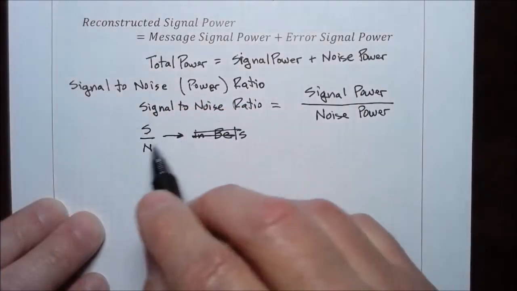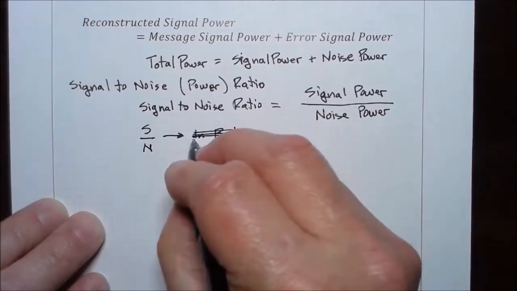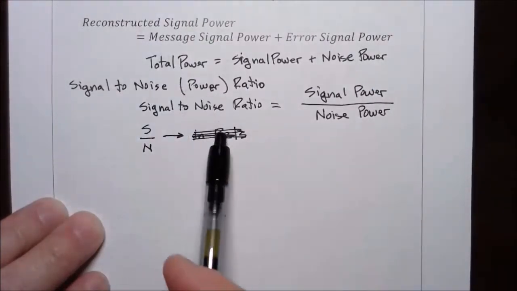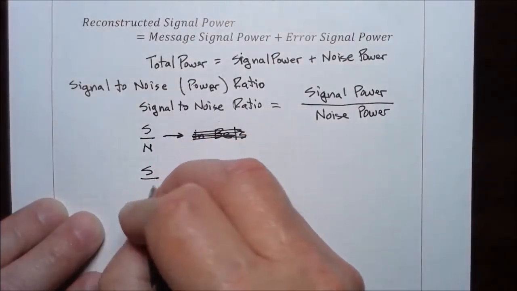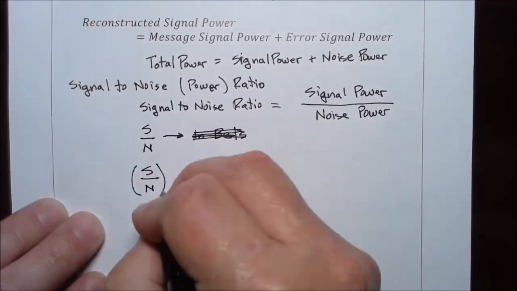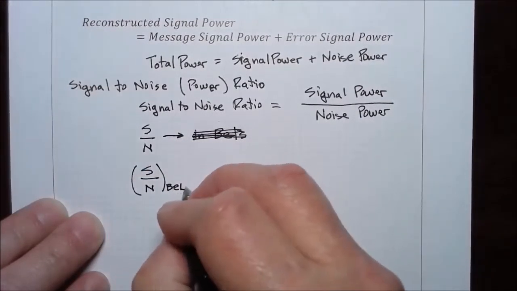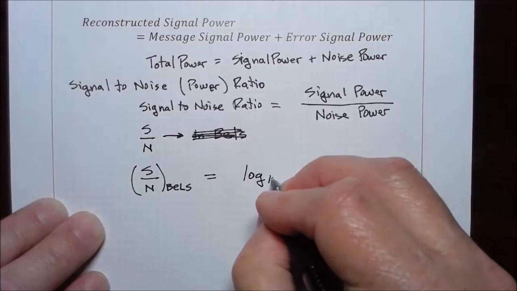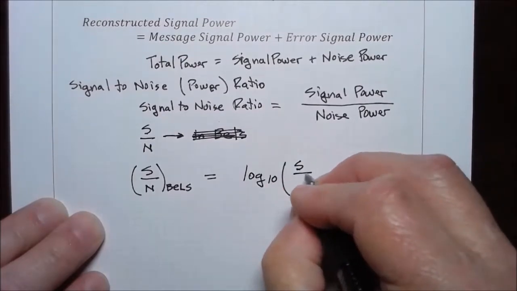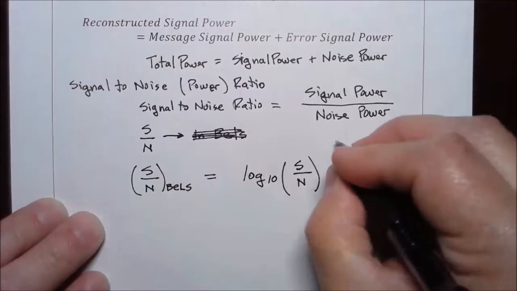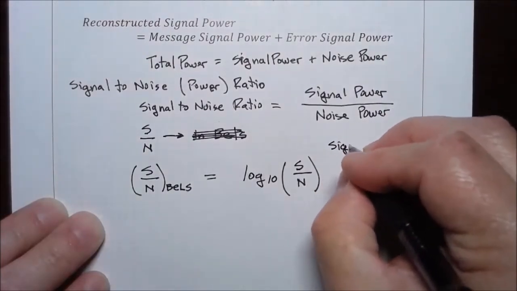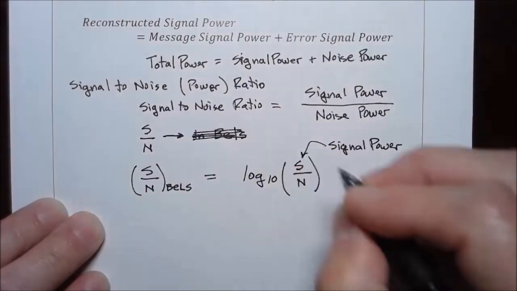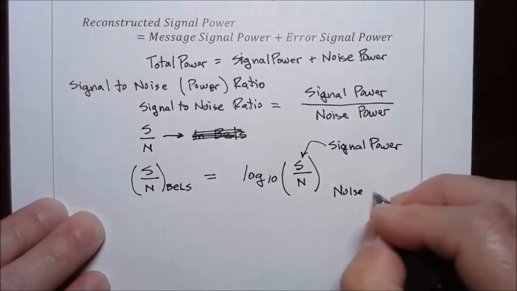This signal to noise ratio in this form is not a very useful number to look at. It can be quite large, and it's hard to get a handle on it. If we want the signal to noise ratio in bels, we take the log base 10 of the signal power divided by the noise power.